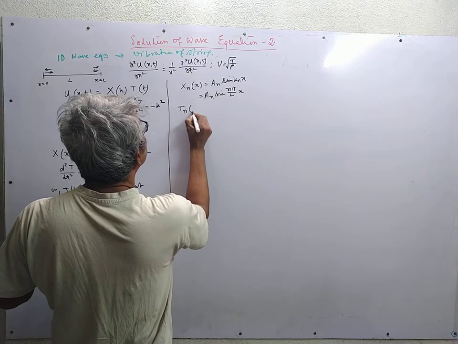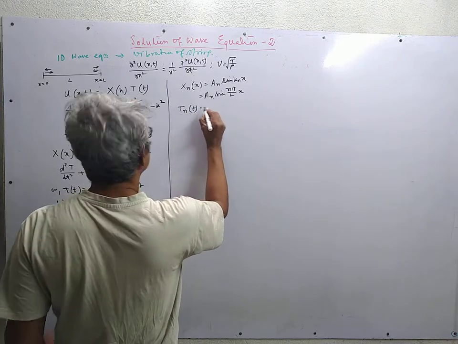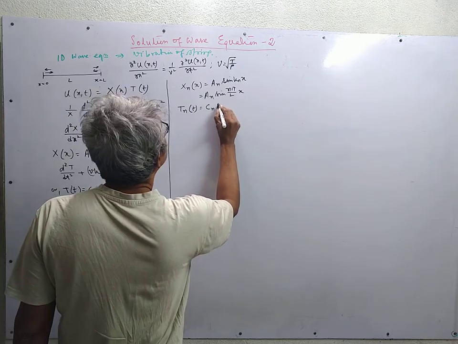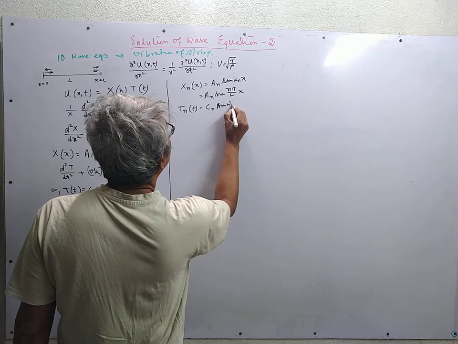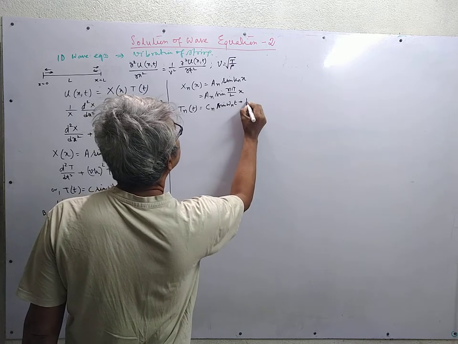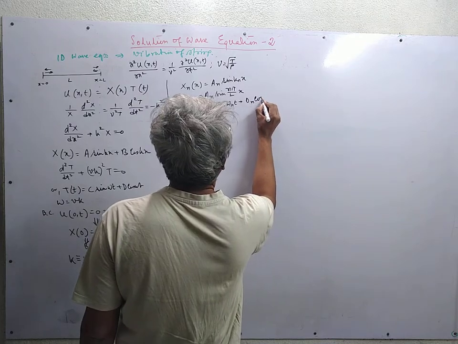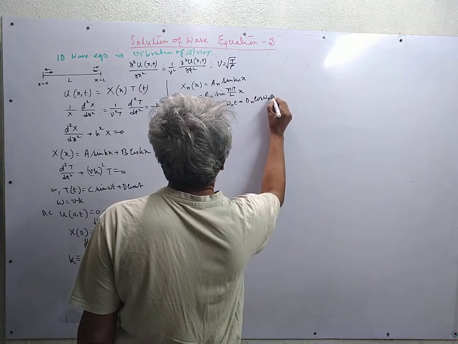Then this solution is also independent, and we get T_n is equal to C_n sine omega_n t plus D_n cos omega_n t.